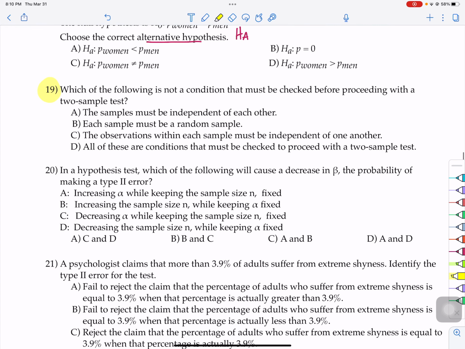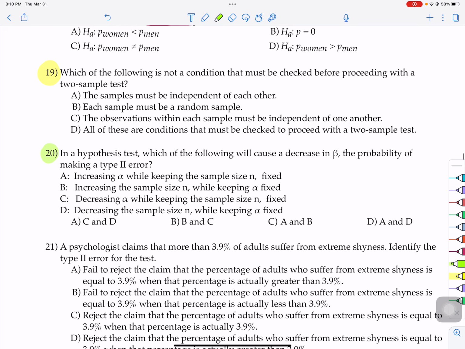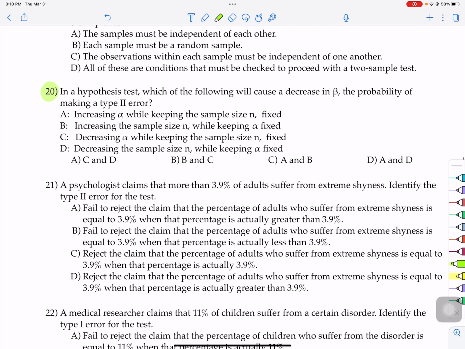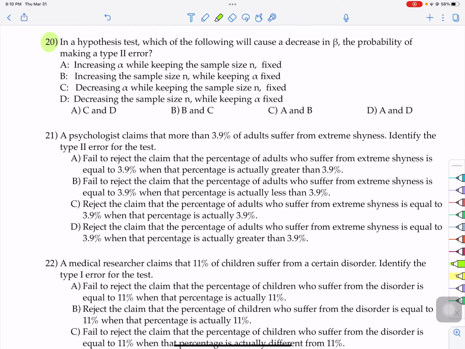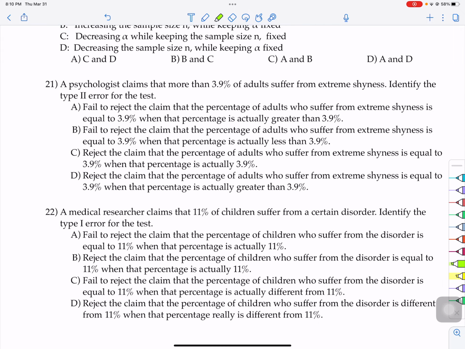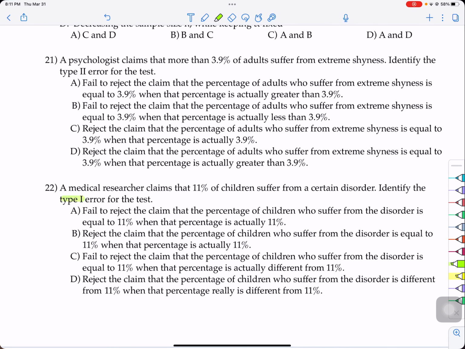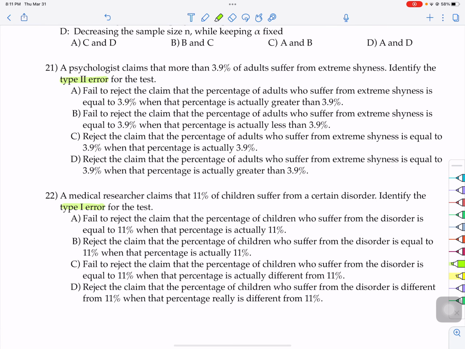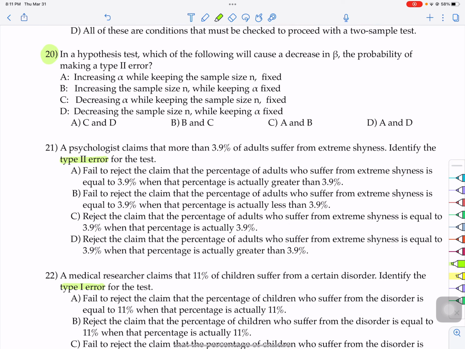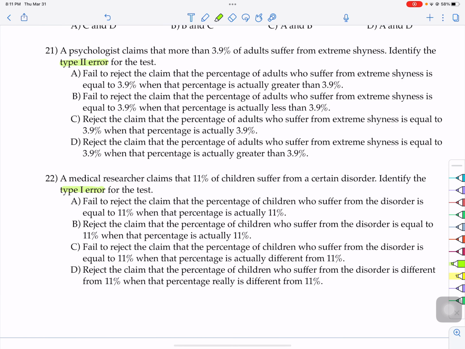Now, part of this video, or the main reason I'd like to make this video, is to discuss number 20. And as you can see, 21 and 22, they do talk about the errors. There's type 1 and type 2. So 20, 21, and 22.